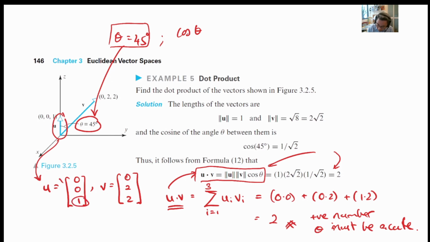So if we have x direction, y direction, and z direction here, it is the vector that has 0 component on the x-axis, 0 component on the y-axis, and unit length on the z-axis. What about vector v? v has the component 0 on the x-axis, 2 on the y-axis, and 2 on the z-axis.